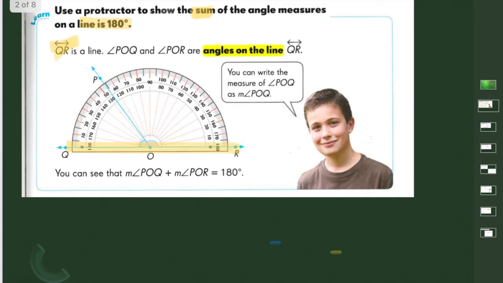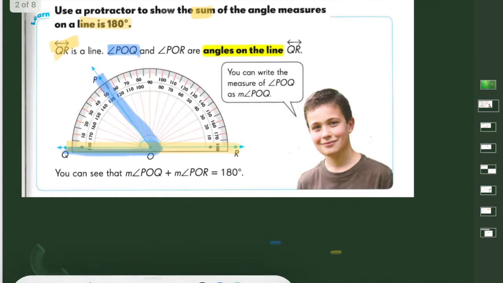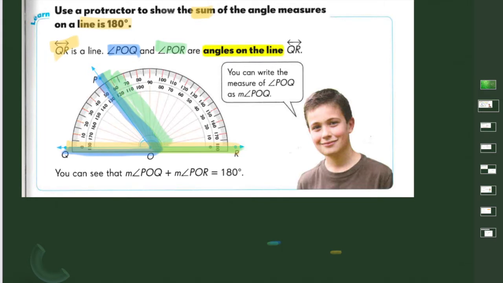So we also have two angles that are on that line. We have angle POQ and we have angle POR. So we can see how those two angles are on the line QR.